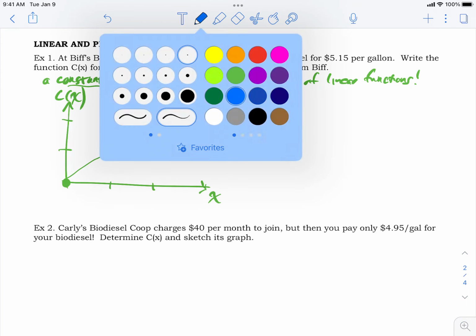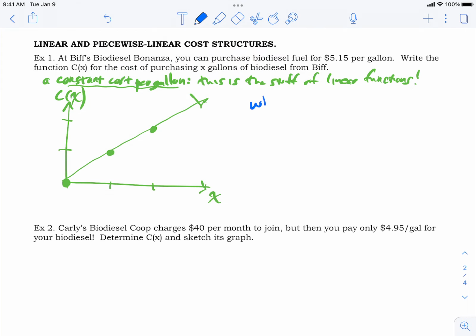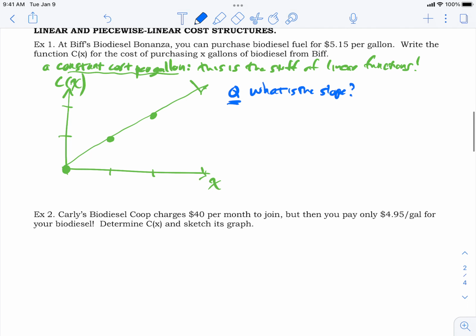Now here's the big question for you. Q is for question. What is the slope of this line? Can you tell me? Can you figure it out? This is going to be easier than you can imagine. Think back to the alternate interpretation of slope, if you saw the co-rec lecture on this: m is how much y changes when x increases by 1.